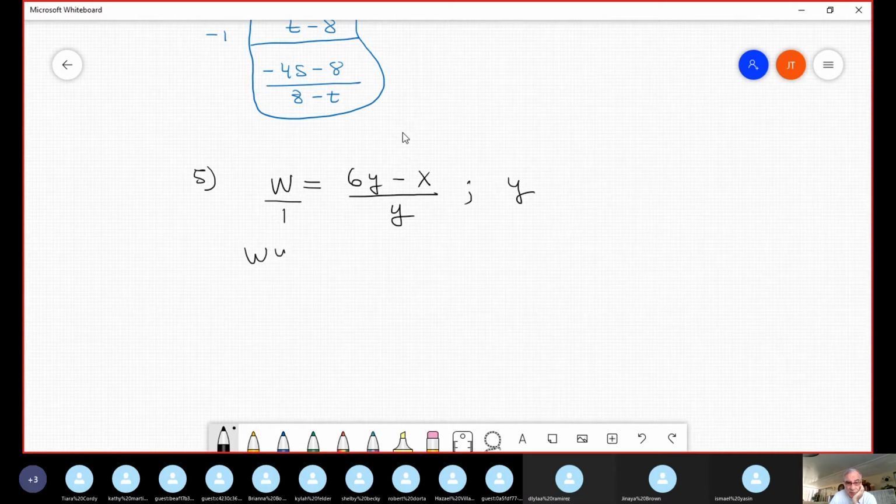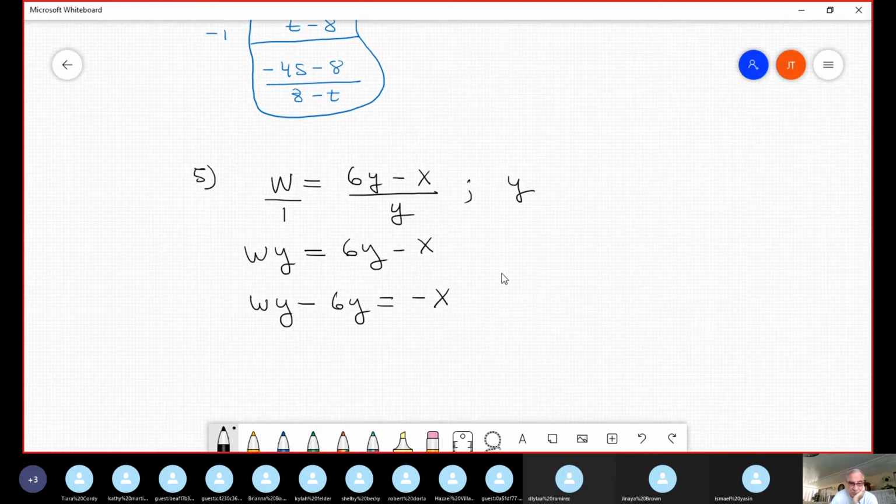Entonces, wy is equal to 1 times something, the same. No more fraction. I need to try to bring the terms that contain y to the same side. I don't know why, but I like left in this case. And this stays here, minus.